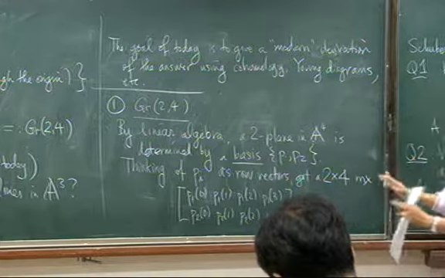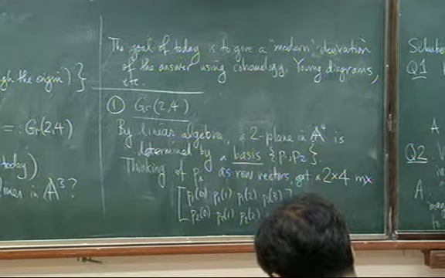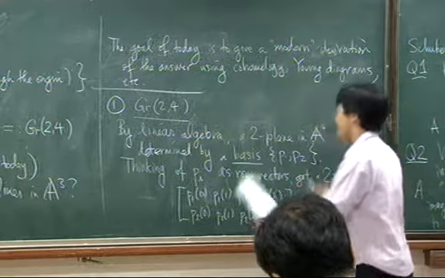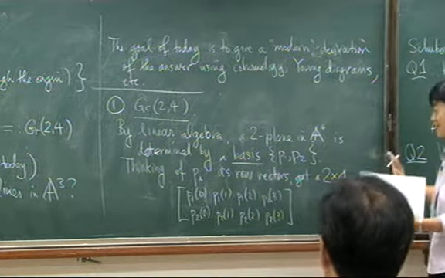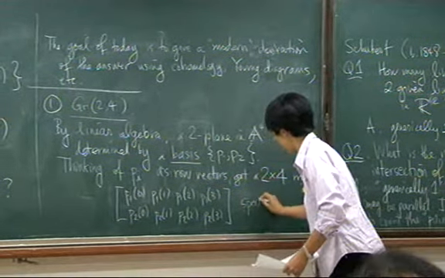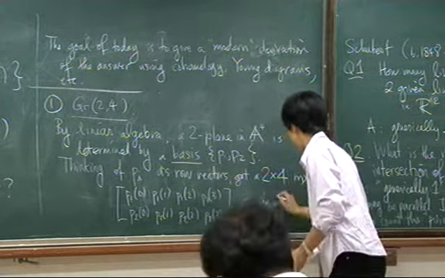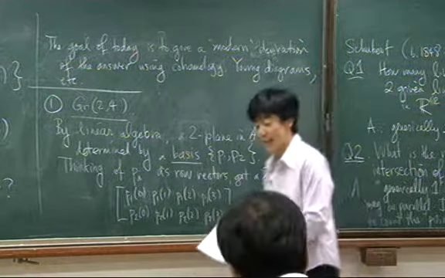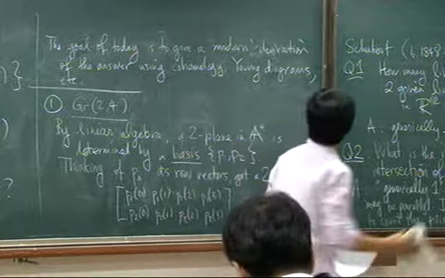I've chosen some standard basis once and for all with respect to which to write coordinates. So that specifies the two-plane. Of course, it's not unique, but I never said it was. At least we can work with a matrix.